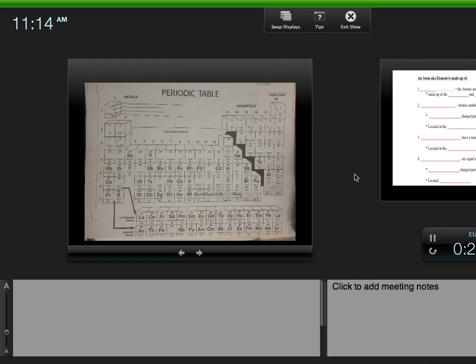Let's do another problem because some of you are still confused. Again, the atomic mass equals what plus what? Protons plus neutrons. The atomic mass is also the what? The nucleus. The nucleus is the center of the atom.